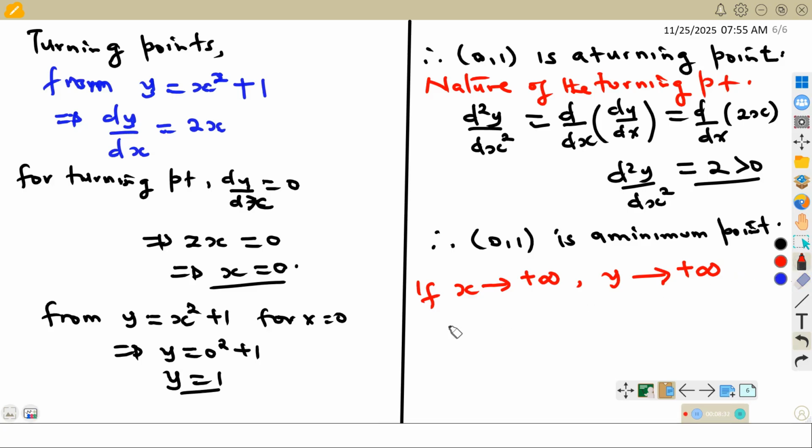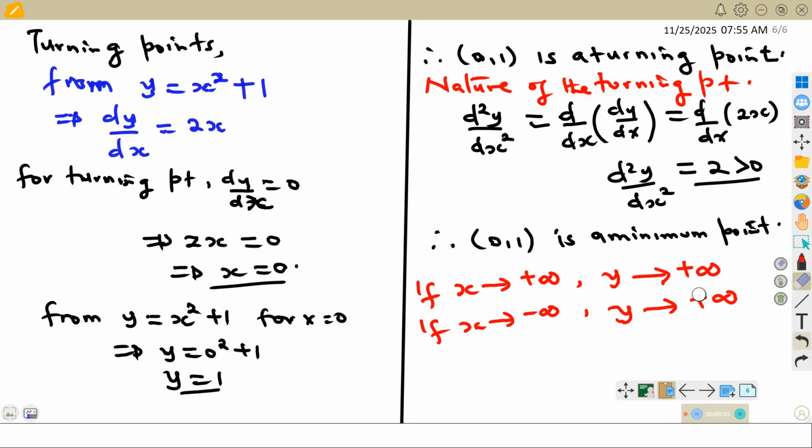If x is tending to negative infinity, where will y be tending to? Remember, your y is x squared plus 1. So if x is a negative value, x squared will still give us a positive value. So this will still remain positive infinity. Okay, so that will help us in the sketch.